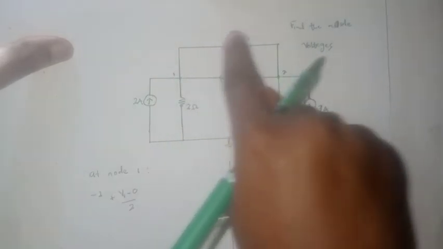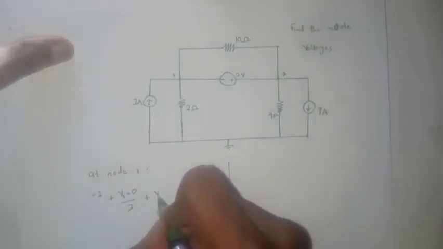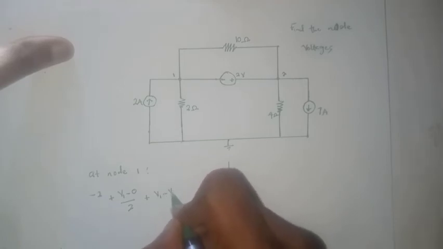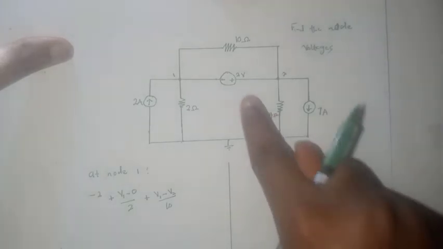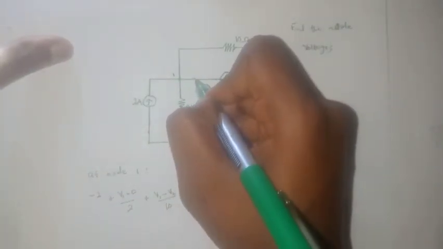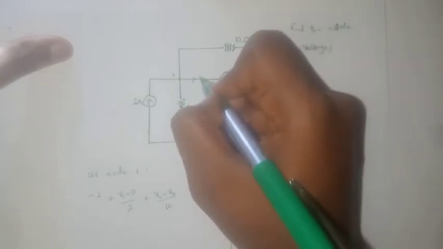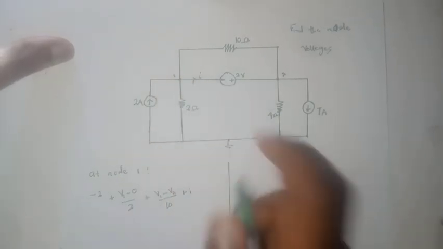Then write the current in this branch. That will be (V1 minus V2) divided by 10. And the current in this branch, since we do not know it, we give it an arbitrary value of I. So let's call that plus I, since it's flowing out of the node.